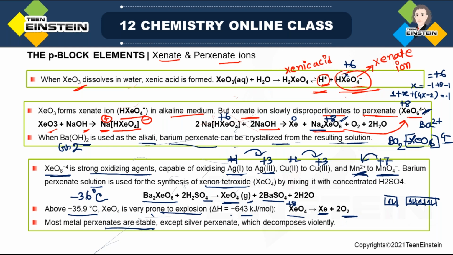Most metal perxenates are stable, but silver perxenate is not stable. It decomposes violently. So if you want to get perxenate, we have to make the metal perxenate, for example sodium perxenate, Na4XeO6, or barium perxenate, Ba2XeO6. In all these metal, that is salt forms, it is more or less stable.